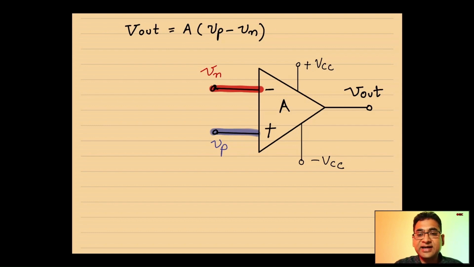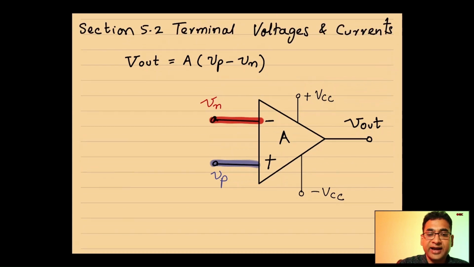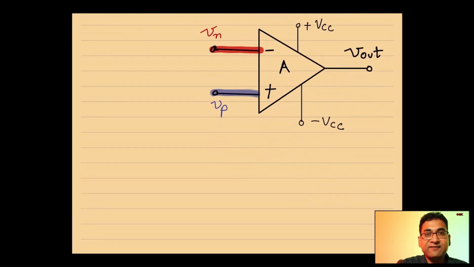The first thing I'm going to do is pick a value for A. A typical value for A is a large number, 10 to the 4, 10 kilo. Let's say volts per volt are the units. It technically does not have any units. The open loop voltage gain does not have any units, but we still show it as volts per volt.